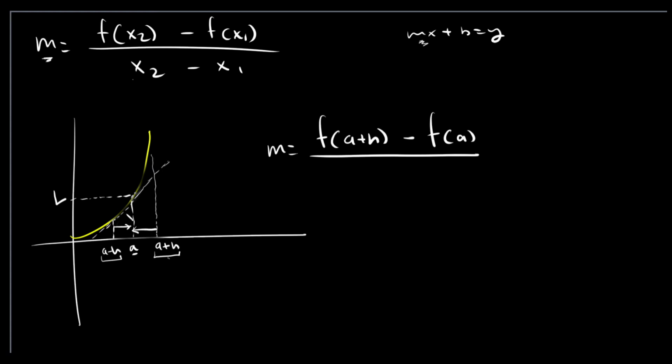My a is my point P, basically, and I want to approximate this. But we don't know our L, okay? Our L is basically going to be f of a right here. And my Q is going to be a plus h and f of a plus h.